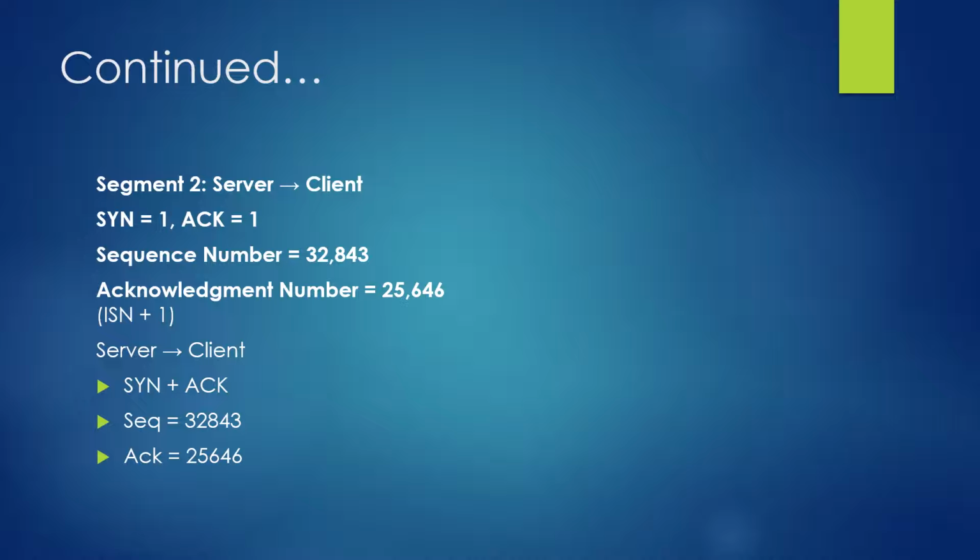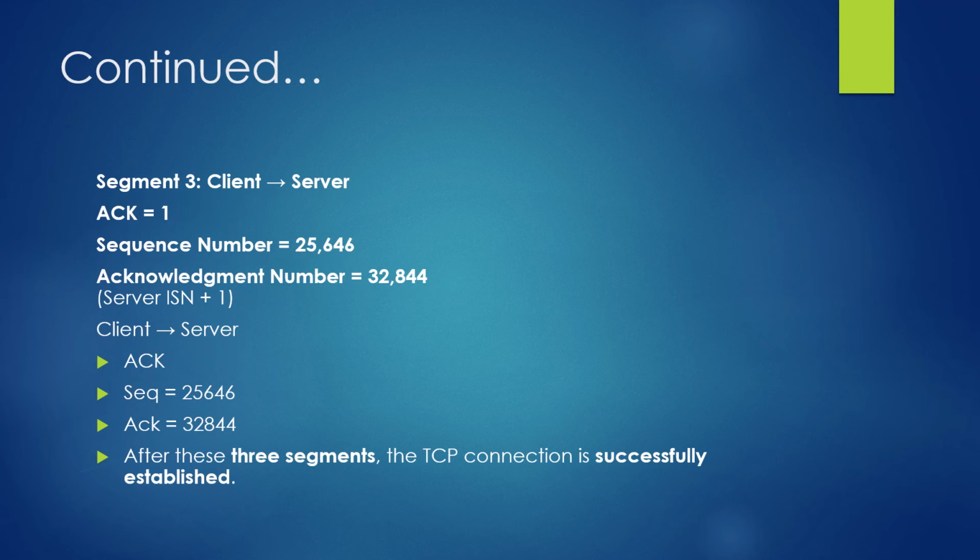Now the last segment is client to server again, with ACK set to 1. As I said, the segments are SYN, SYN plus ACK, and ACK. Here the sequence number will be the new one, from the acknowledgement number of the previous segment, which is 25,646.